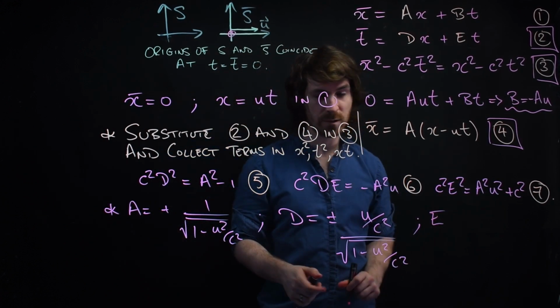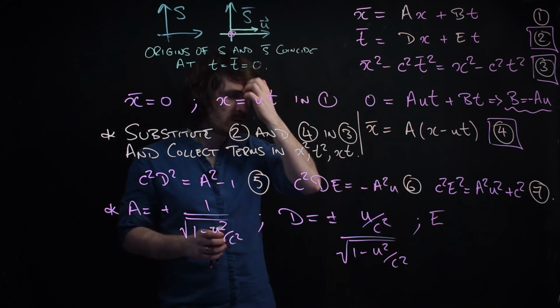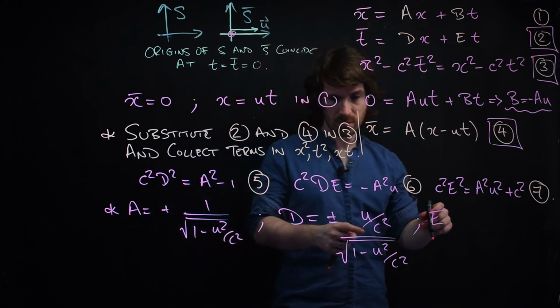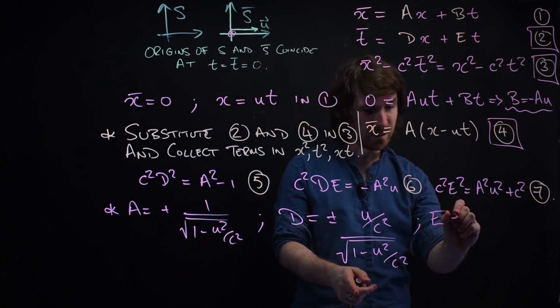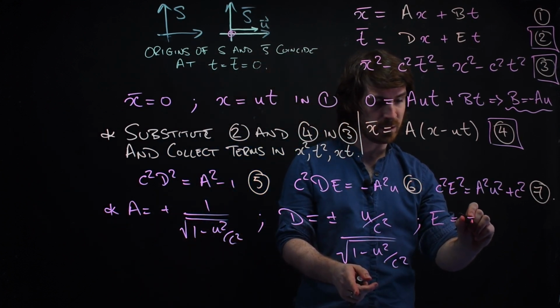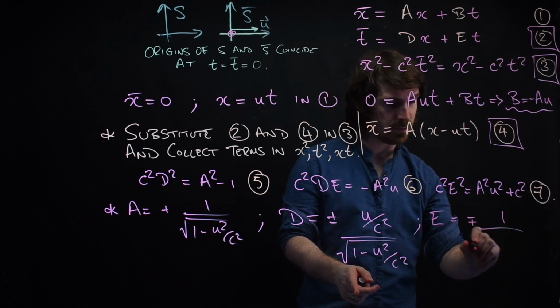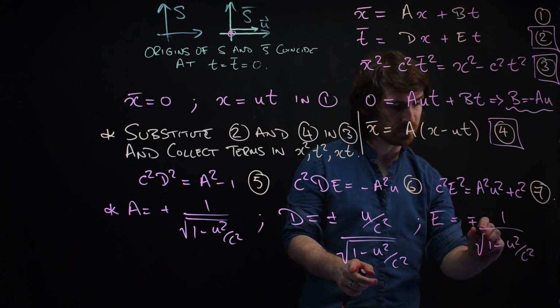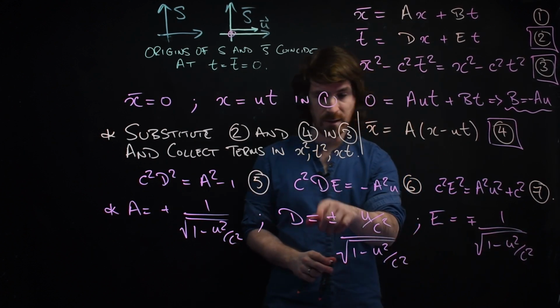Okay, so press pause, have a go yourself, and come back. And hopefully you will have found that e equals minus or plus 1 over the same denominator, the square root of 1 minus u squared over c squared. Okay, these signs we have to determine.